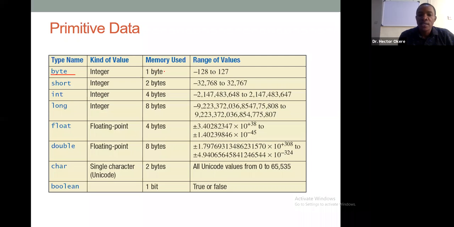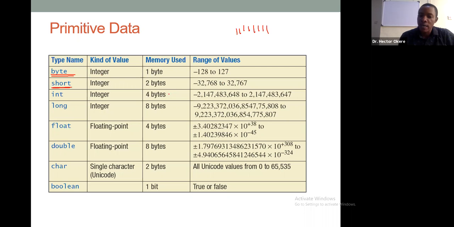So you can see how much memory is used to store a byte, only 1 byte, that is 8 bits. 1, 2, 3, 4, 5, 6, 7, 8 is 8 bits is 1 byte. That is how much memory size is being used to store the value byte. Same with short. Short is a little bit bigger.